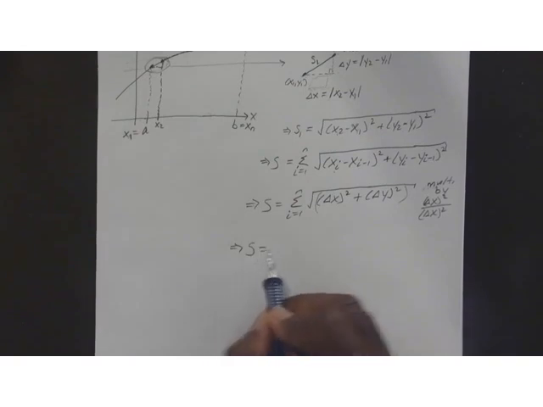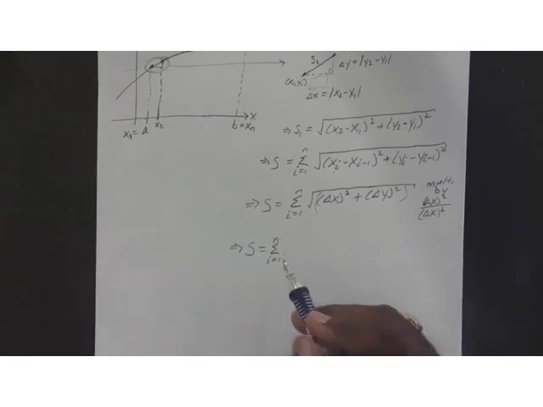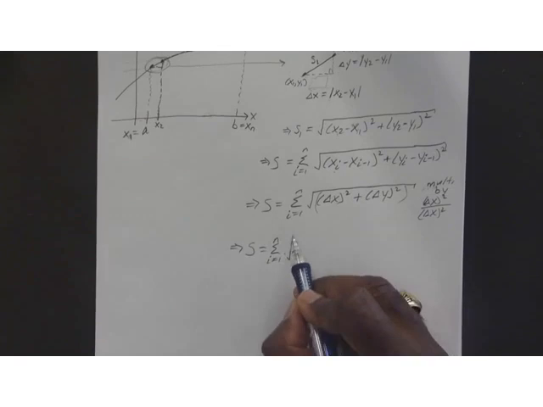And that arc length would equal the sum from i equals 1 to n of the square root, and make the square root bracket a little bit bigger.